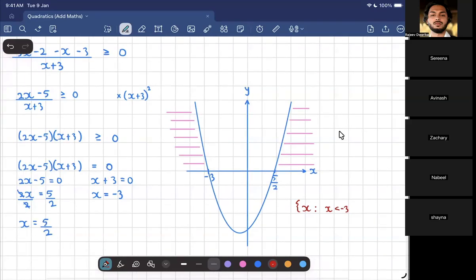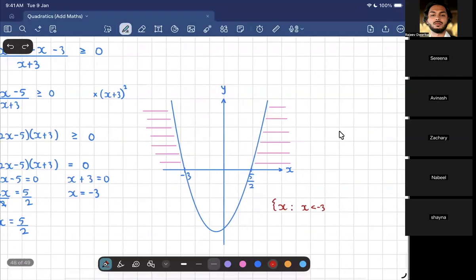No, because when x is minus 3, isn't that going to make the function undefined? Talk to me. When x is negative 3, what's that going to do to the function? It's going to make it undefined. Right, so you can't include that in your solution. You had to say x is less than minus 3, strictly speaking.